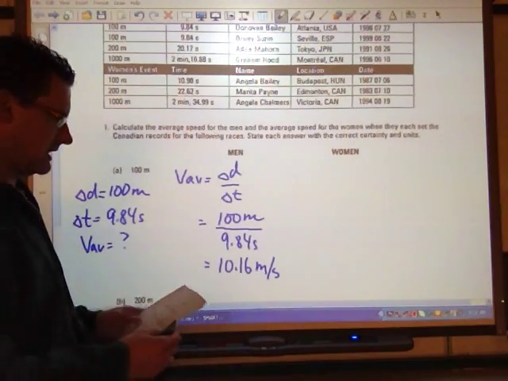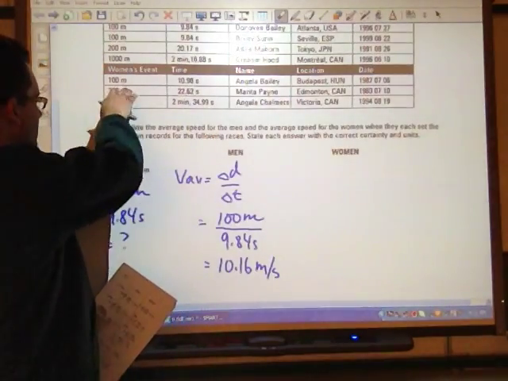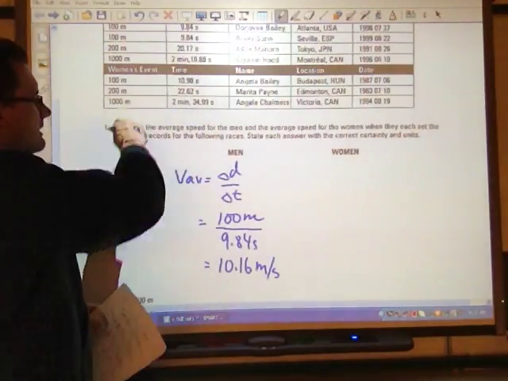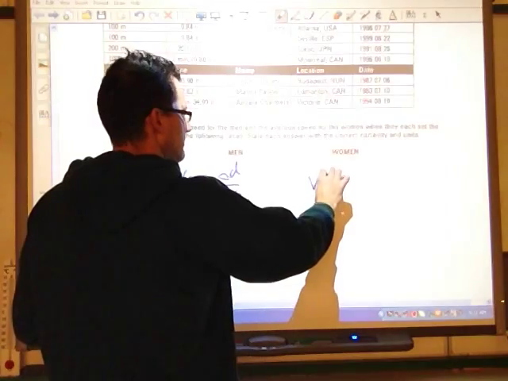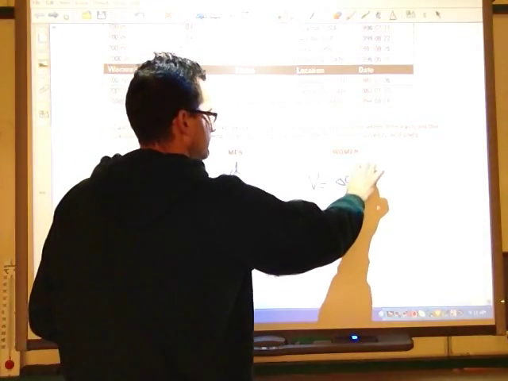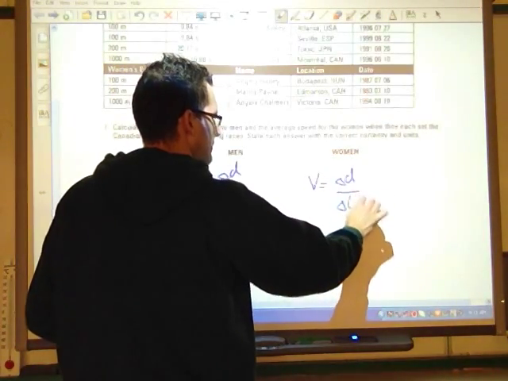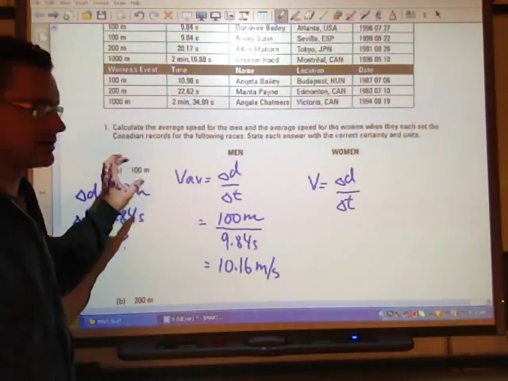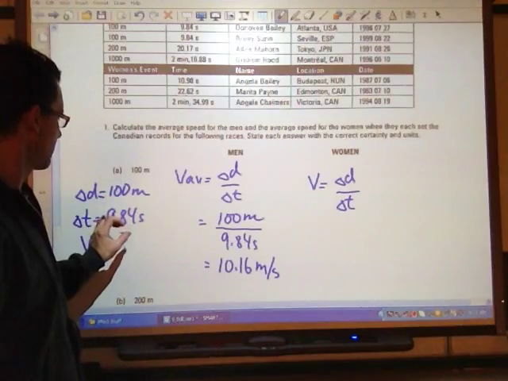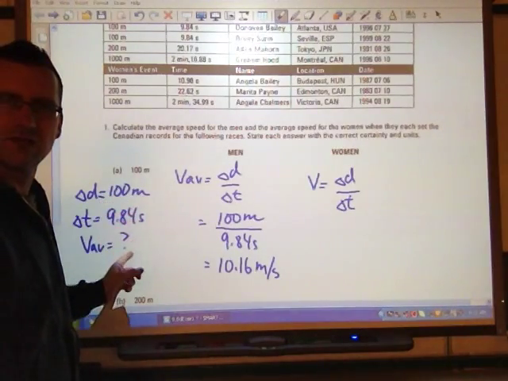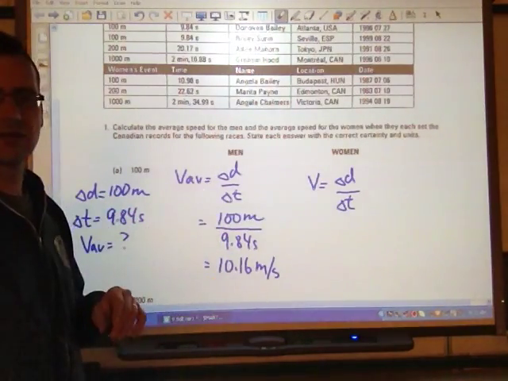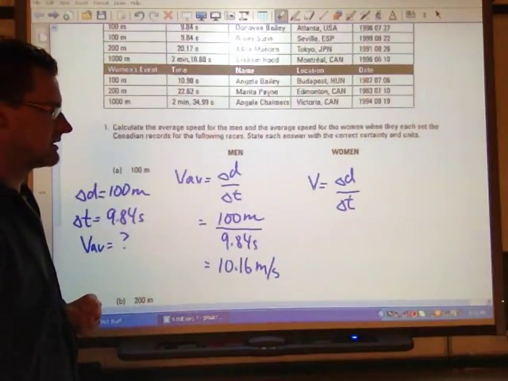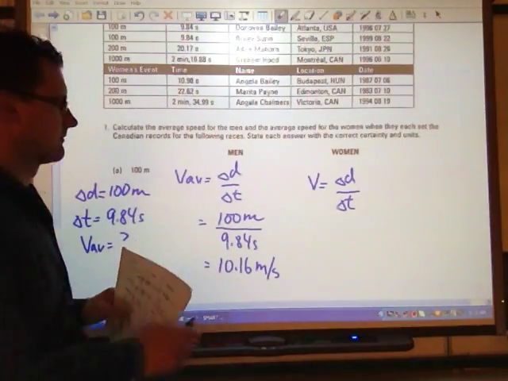That's really quick. If we look at the women here for the 100 meter, Angela Bailey, the time is a little bit longer. Once again, off to the side, the distance she traveled was 100 meters. Her time was 10.98 seconds, and V is the question mark. I think you get the idea just by looking at this one.